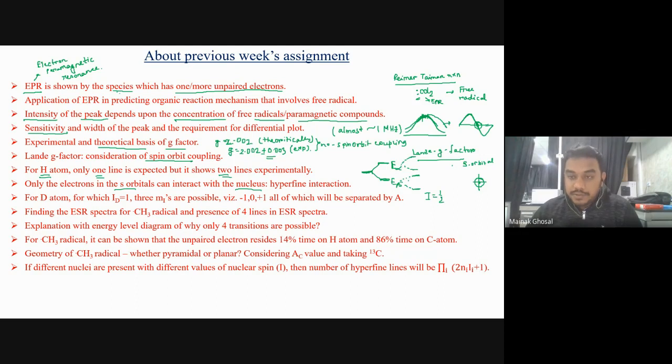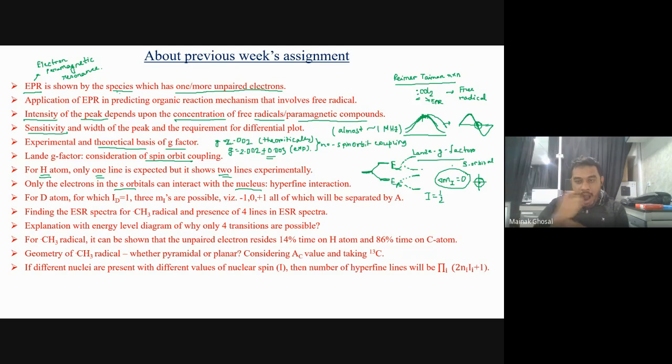Four states could be possible. For the beta state, mI equals plus half and minus half, and for the alpha state, mI equals minus half and plus half. Then it was shown that the condition for transition is delta mI equals 0. That means from mI equals plus half, it can only go to mI equals plus half.